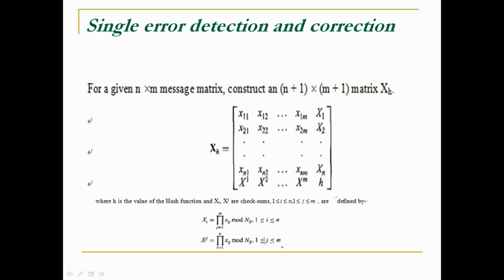For single error detection and correction, the algorithm-based fault-tolerant approach is a simple and effective error detection and correction technique that pre-computes a set of checksums, which are assumed error-free, in a class of computation structures.